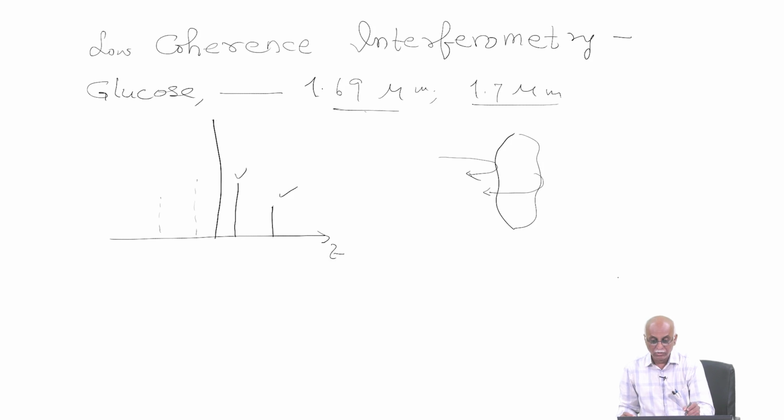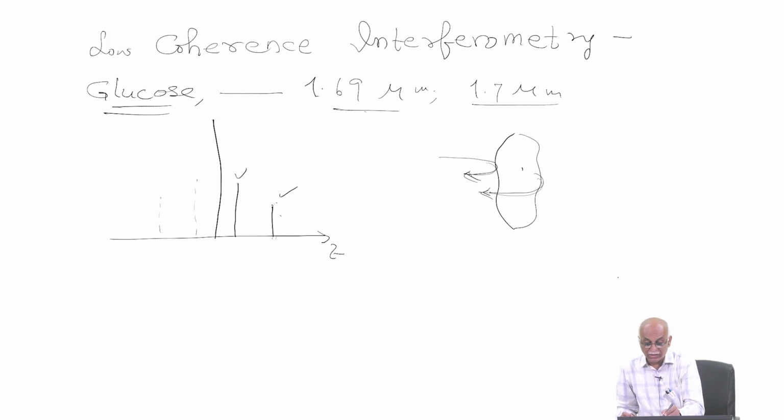Okay. Now, if I use a source which is matching the absorption wavelength of glucose molecules, what will happen? If there is no glucose in this gingival tissue, if blood is not having any glucose here, we will see a particular reflection height. This anyway will not change, but this will have a particular amplitude or intensity, in arbitrary units of course.